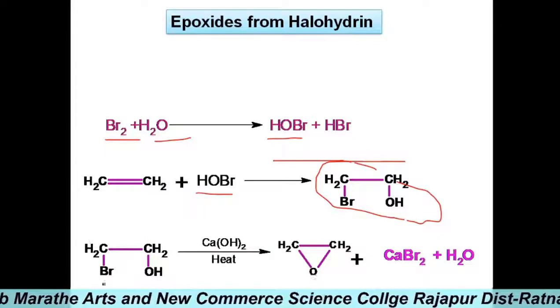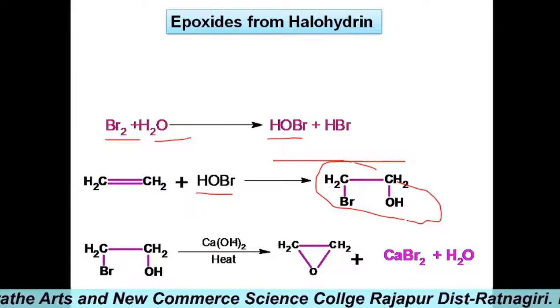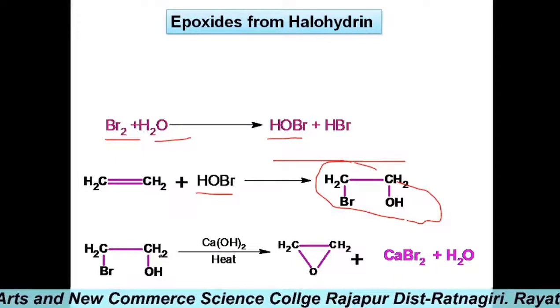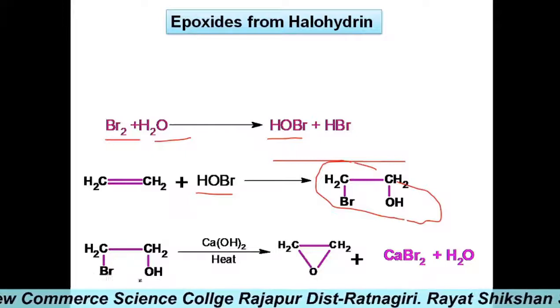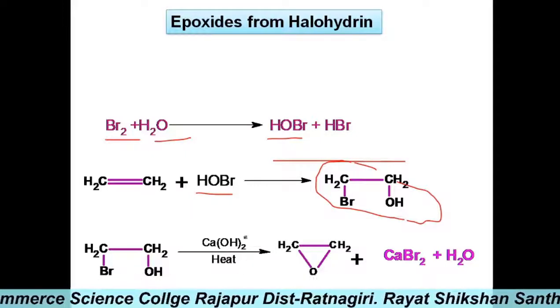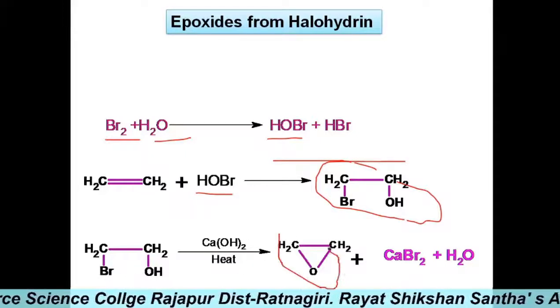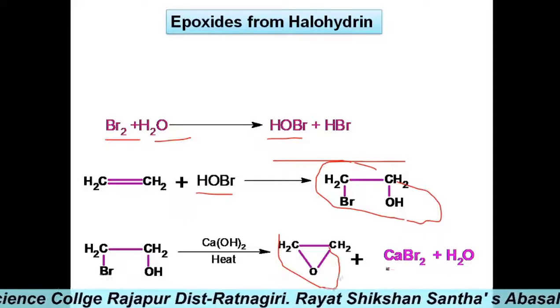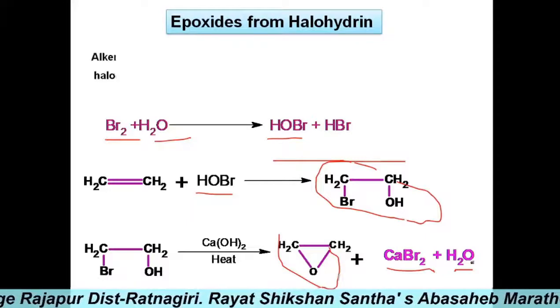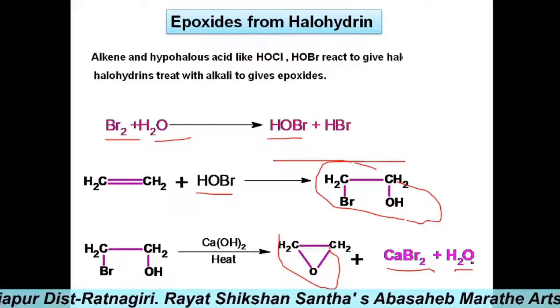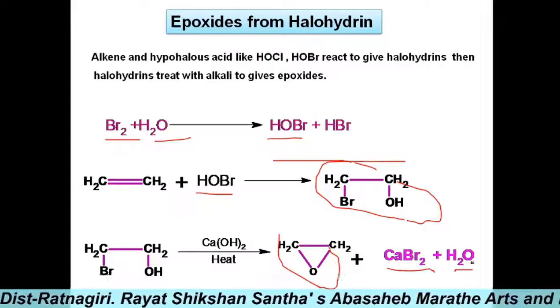Then this bromohydrin is heated with calcium hydroxide. By loss of bromine, we get the epoxide derivative, that is ethylene oxide, plus calcium bromide as a byproduct. Alkene and hypohalous acid.